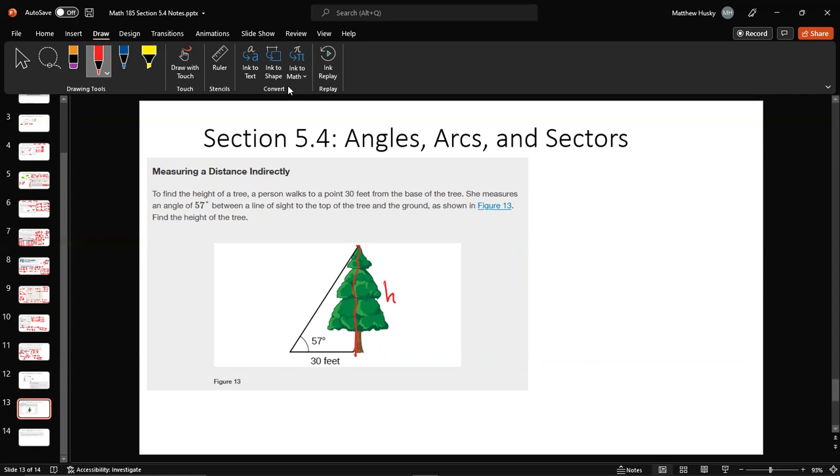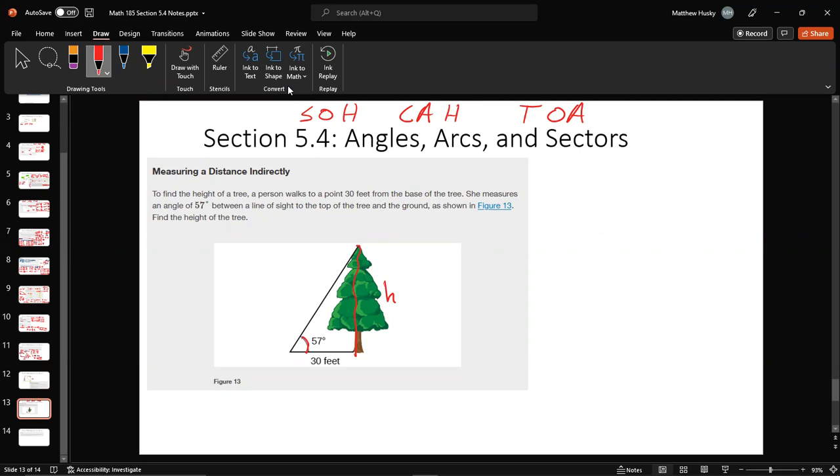And so when you're doing a word problem, the thing to bear in mind is SOHCAHTOA. Depending on the side you know and the side you want to know, you can use those two pieces of information to figure out which trig function is appropriate for the situation. So in this case, the angle is right there, that's 57.